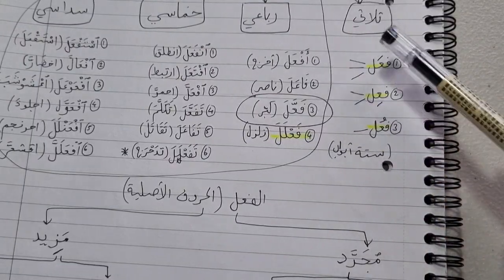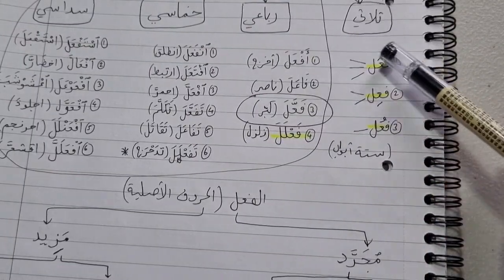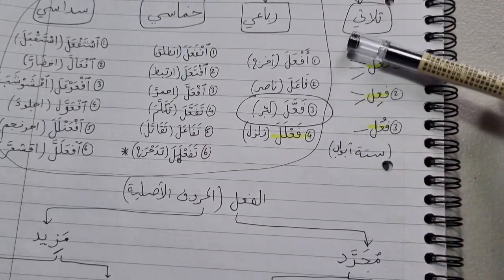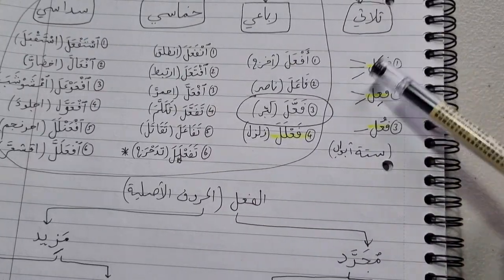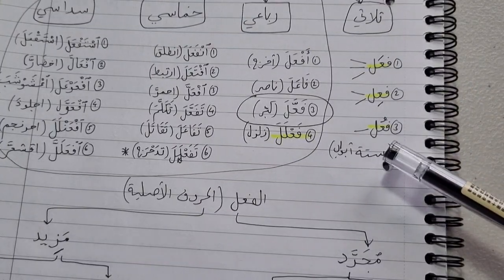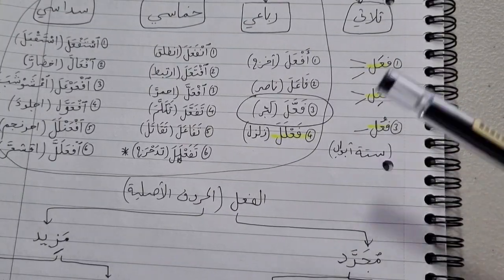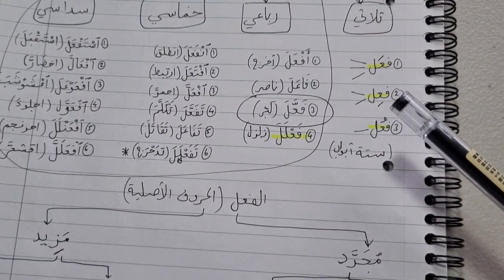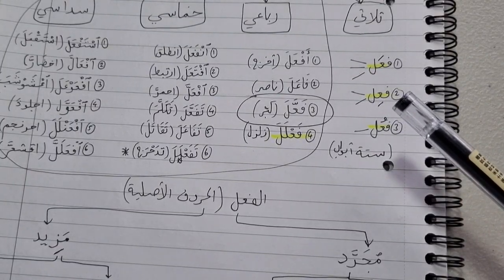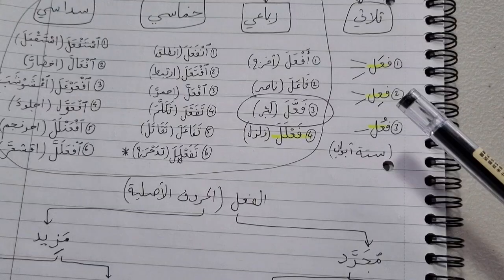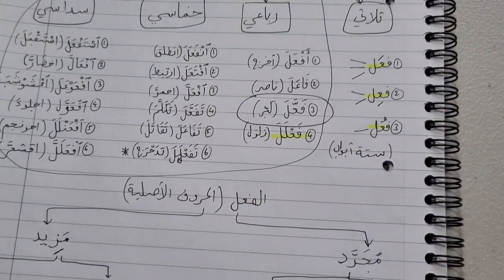But with this one here, do you know if it's fa'ala yaf'alu, fa'ala yaf'ulu, fa'ala yaf'ilu? There's no rule. The point I'm trying to get to is there's no rule to determine the mudari' for these ones. There's also no rule to determine the masdar, the verbal noun. So, for example, nasara, nasrun, alima, ilmun, fi'lun, fa'lun, fa'alatun. It changes and there's no rule to determine it.